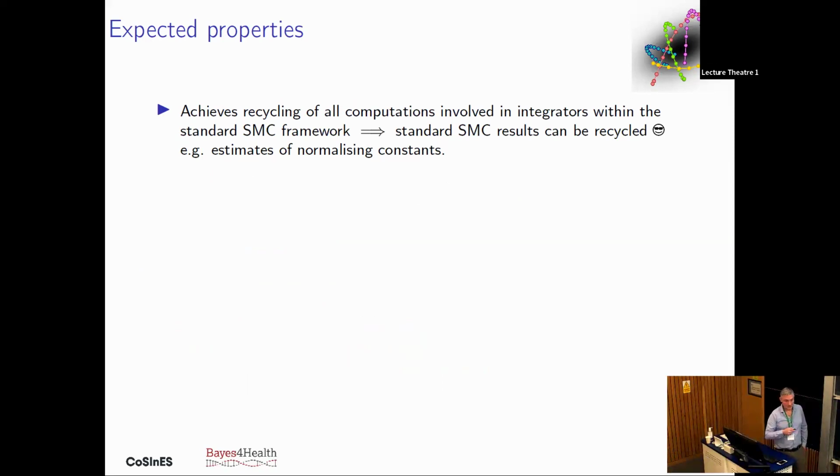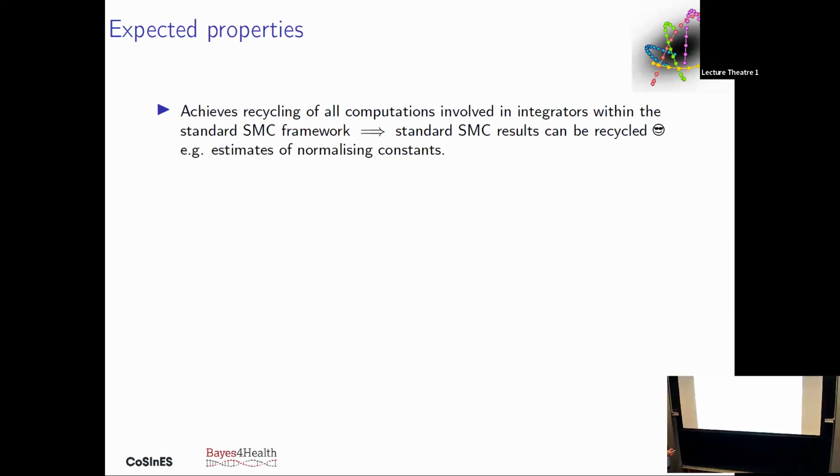Okay, so we tick that box. The other thing is that because we've managed to reframe everything into the standard SMC framework, then we can actually recycle all the SMC results. So for example, everything that you know about estimating normalizing constants works in this case. Just recycle existing results.